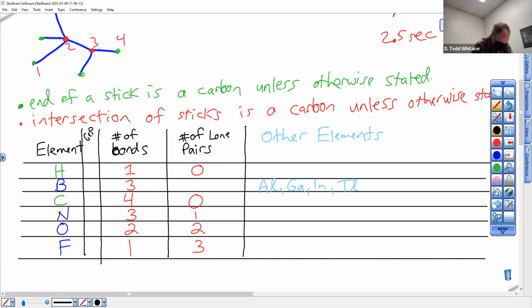Barely can see it there. 1, 2, 3, 4, 5, 6, and 7. Okay. So boron likes 3. And how many lone pairs? Nah, zero.